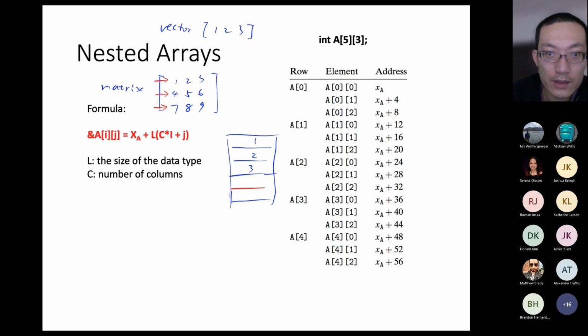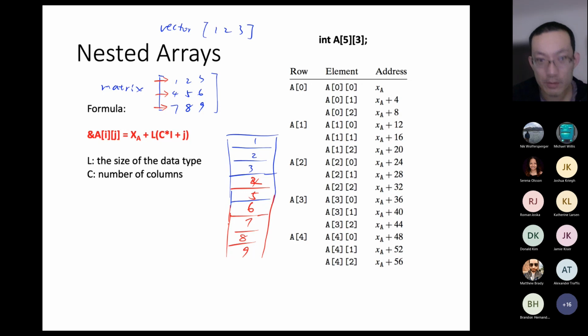So we put down 4, 5, 6 here, and after it we look at the third row, which is 7, 8, 9. This is one-dimensional memory. We just scan through each row of the matrix and put it in memory.